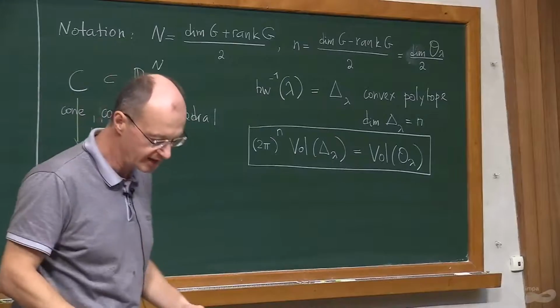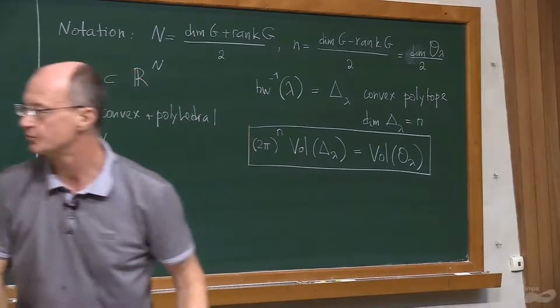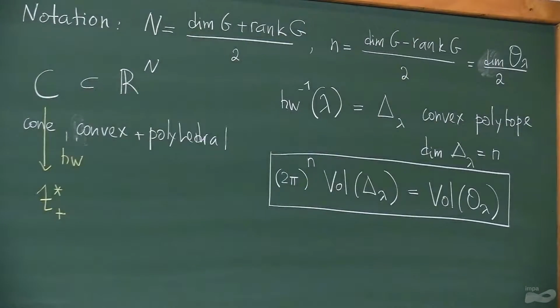So now I am ready to state a couple of results. One result will be about coadjoint orbits, and one result will be more general. So here is the theorem.